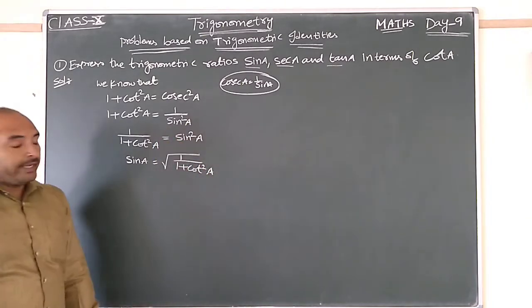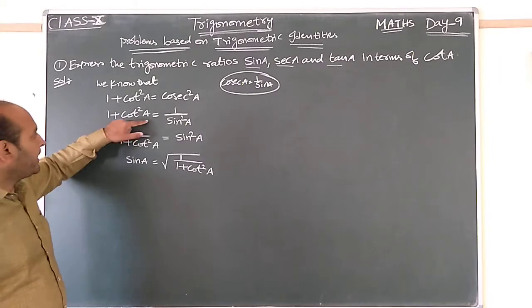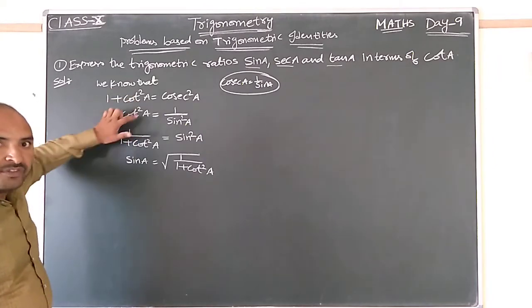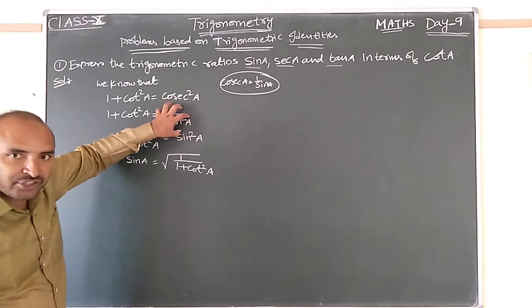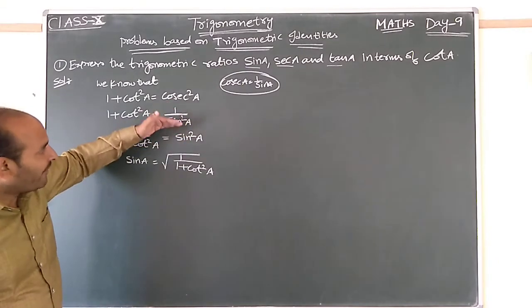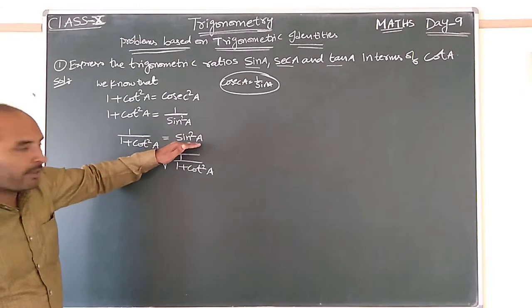I repeat once again: the reciprocal of 1 plus cot square A divided by 1 is 1 by 1 plus cot square A, and the other side, 1 divided by sin square A, changes to sin square A divided by 1.